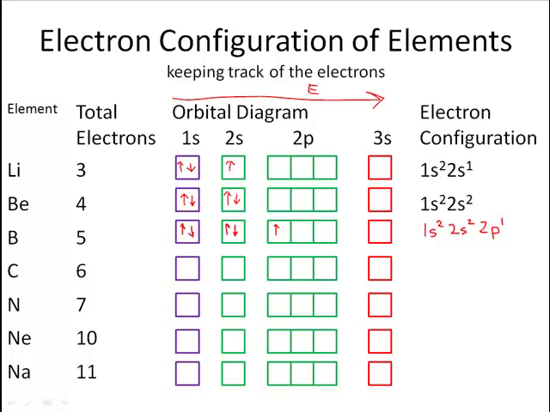So that's how to do boron. I chose elements near the top of the table, so this doesn't take us an hour. But if you want to have really a lot of fun, do the electron configuration for uranium. It's a blast.